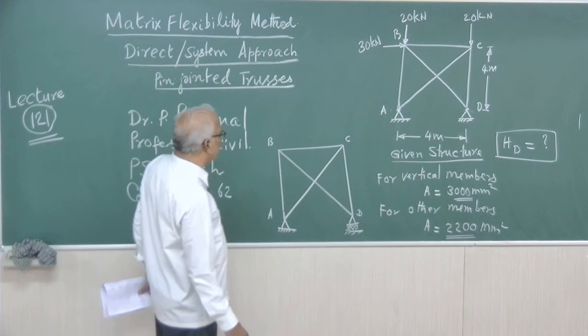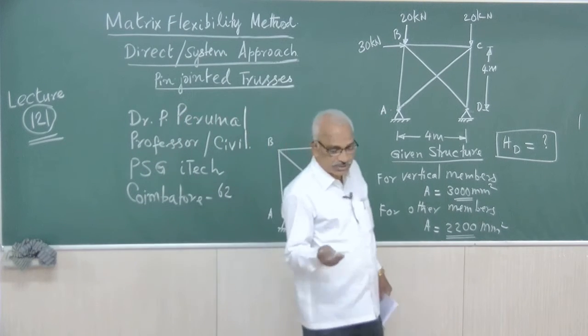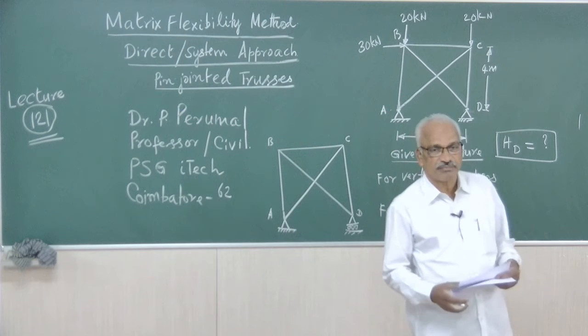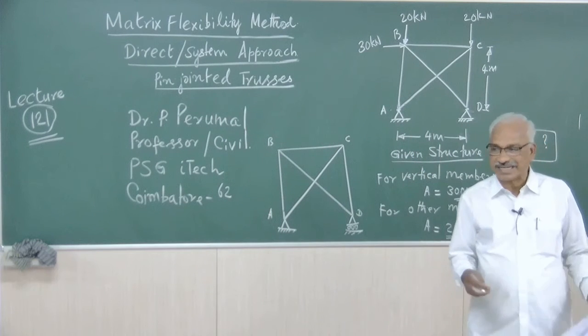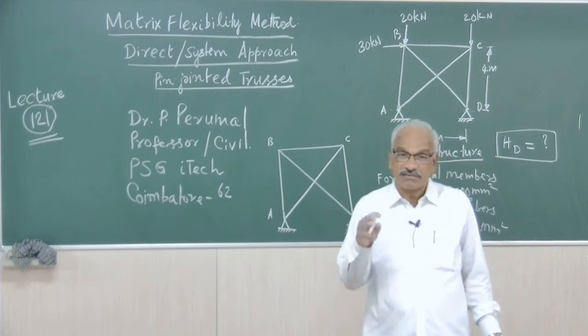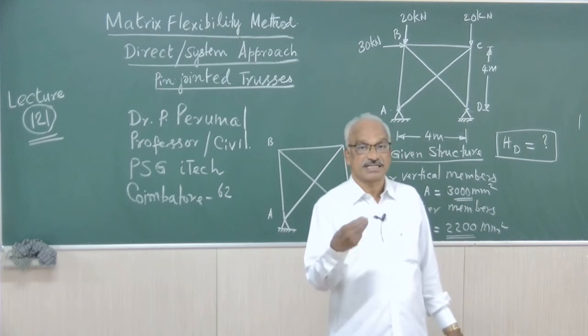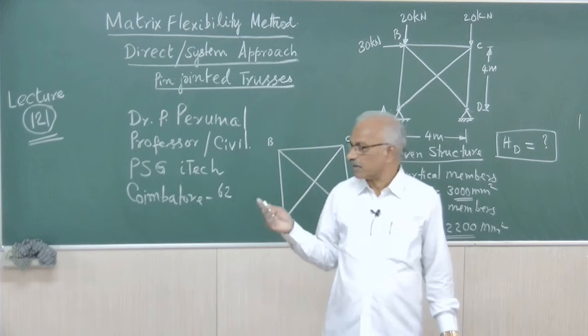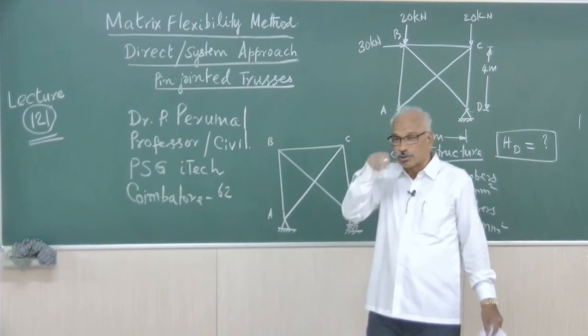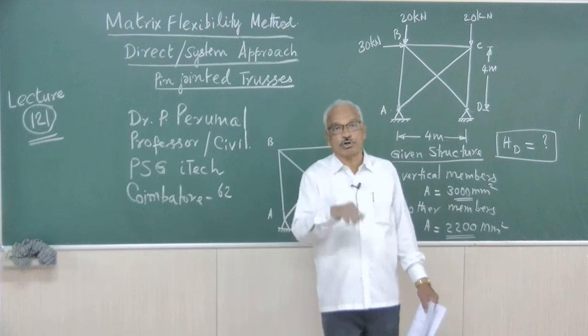In the earlier problem, we used a different formula for finding the degree of static indeterminacy, but that will not tell whether the indeterminacy is internal or external. In the formula page in lecture number 120, I have given both.